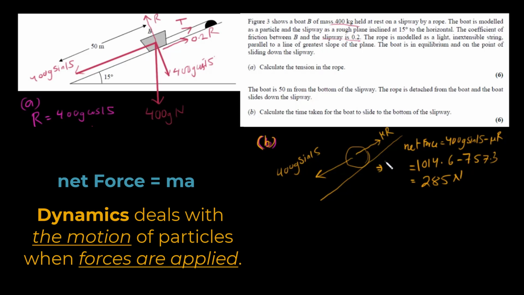The mass is 400 kg and the acceleration is unknown, so we can just divide this by 400 and we can find the acceleration. So this is 258 over 400, which is 0.645 meters per second squared. So this is the acceleration.